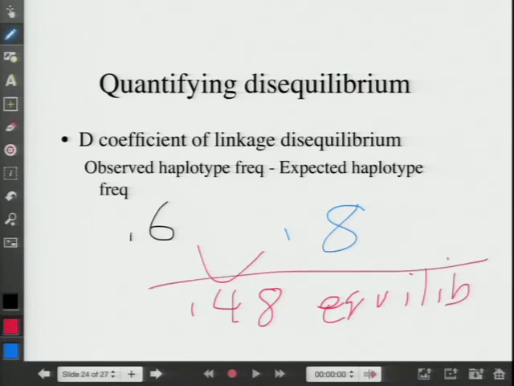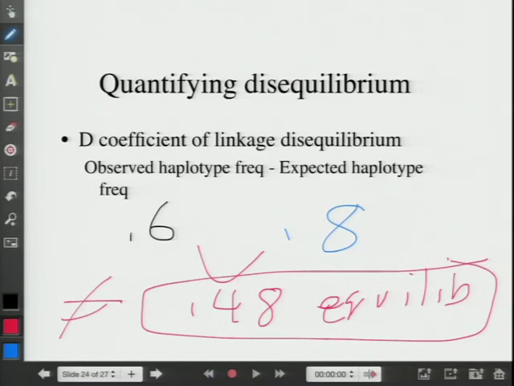What does the word equilibrium mean again? There's no change, and it's the state that a system would return to. If these are in disequilibrium, if they're not equal to 0.48, they'll tend to return to 0.48 because of recombination.